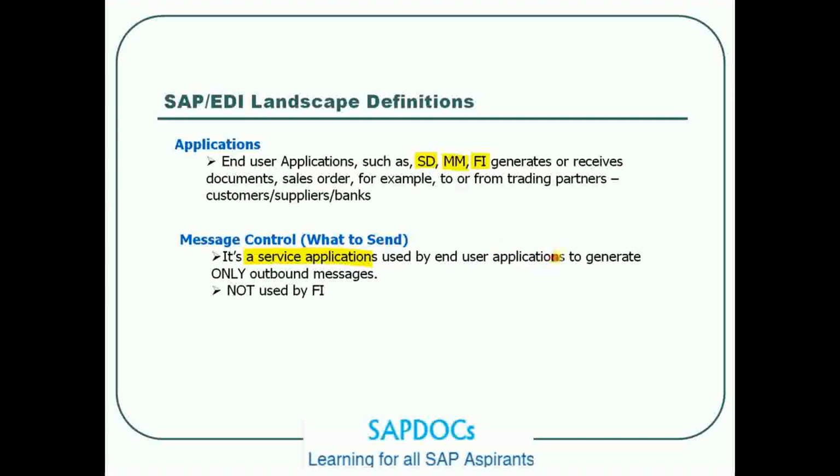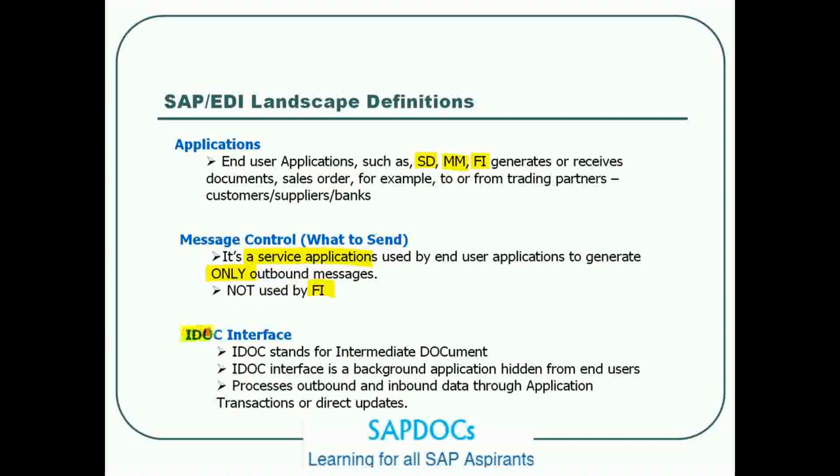These are used by applications to generate only outbound messages. Message control decides what to send, and send is the outbound process. This message control is not used by FI applications. FI applications use standalone ABAP programs to send the data.